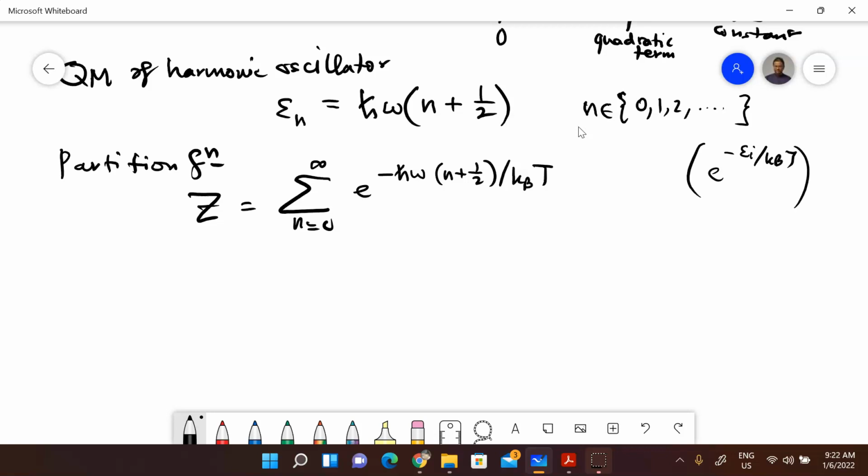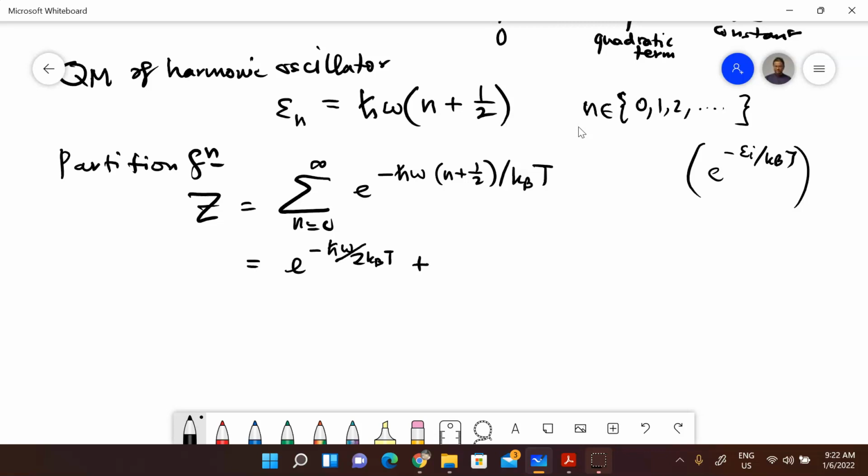So now we need to sum this. Let's just give you a flavor of this. What does the sum of the terms look like? Okay, so this is h bar omega. When n equals 0, you have only a half there. So then you essentially have h bar omega on 2 kBT.